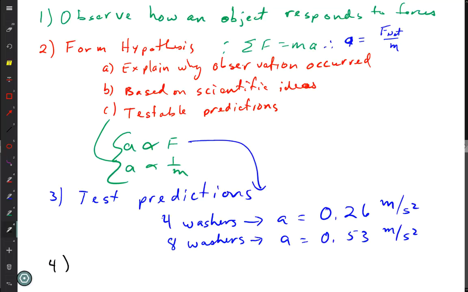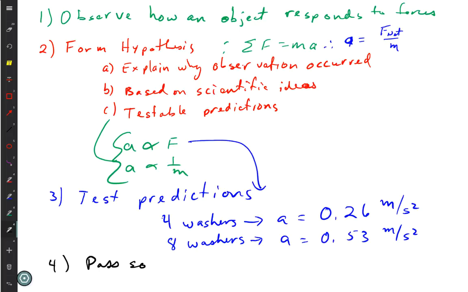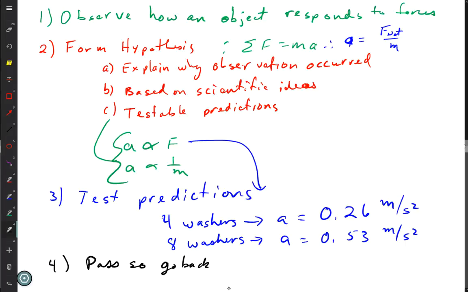Did it pass or fail my tests? So what's the next thing I would have to do to continue with the scientific process? I would go back and test not the same, but more predictions, or with different types of tests.